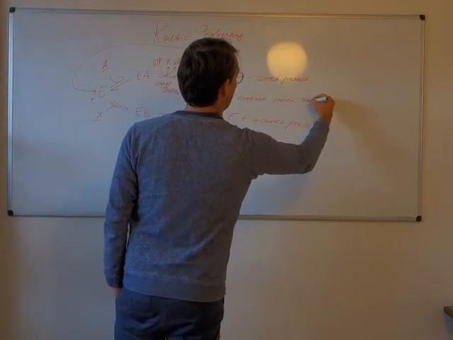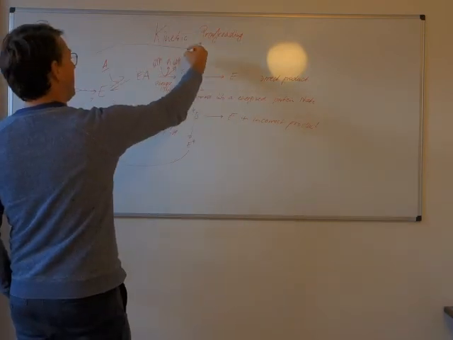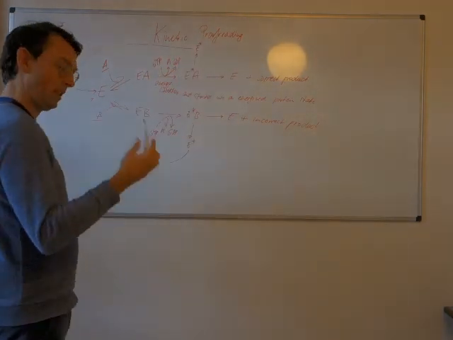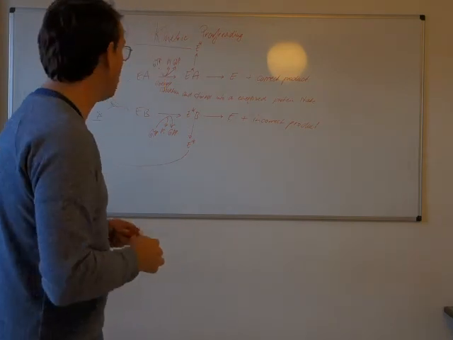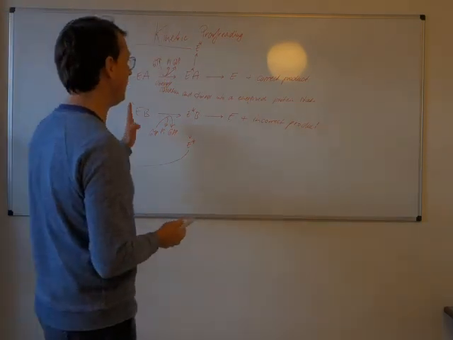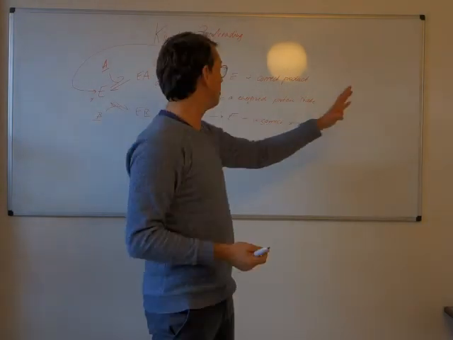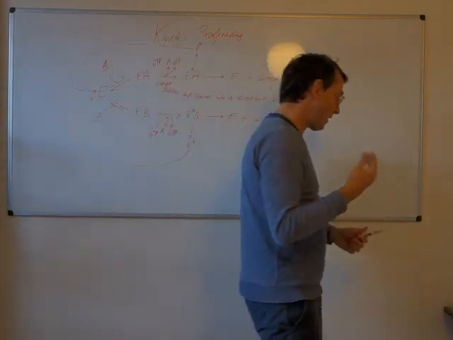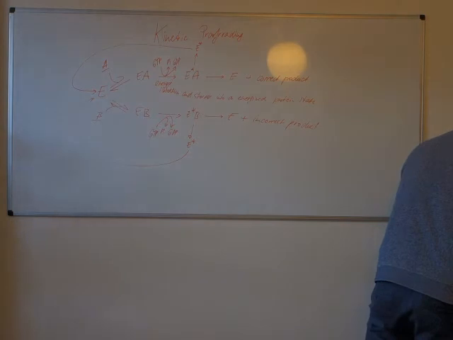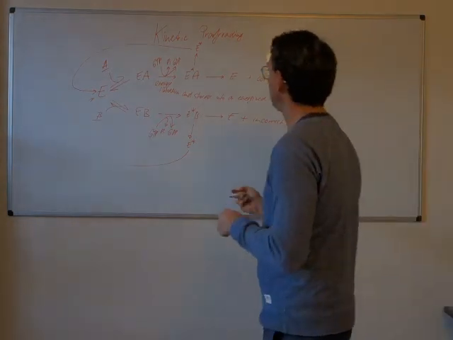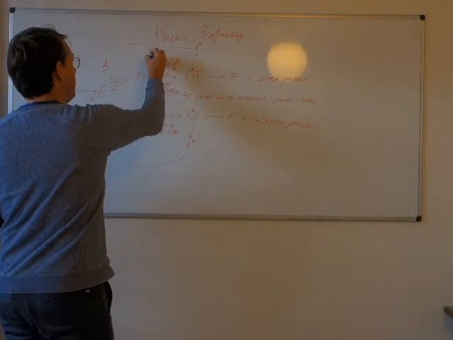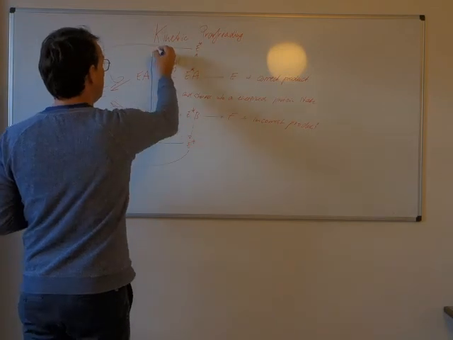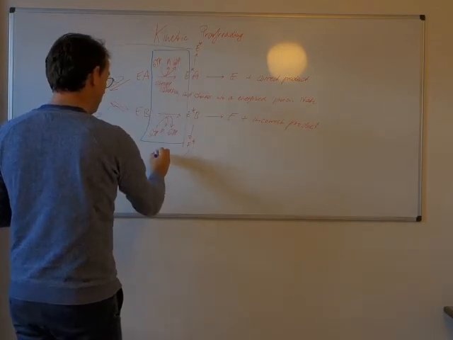So only after this enzyme is no longer in this energized state, the product can be formed. So effectively what happens is that these energy hydrolysis reactions introduce a delay.